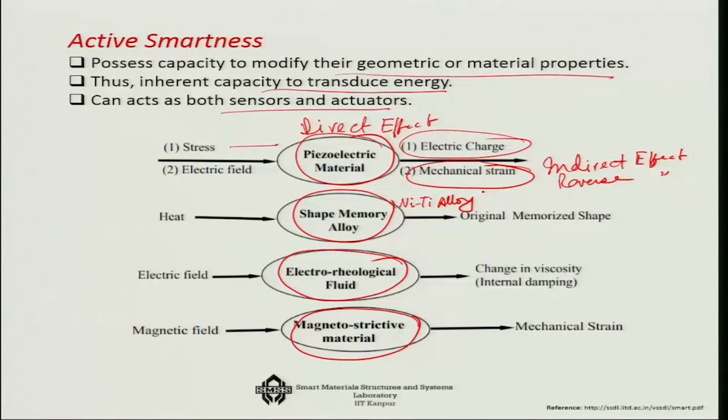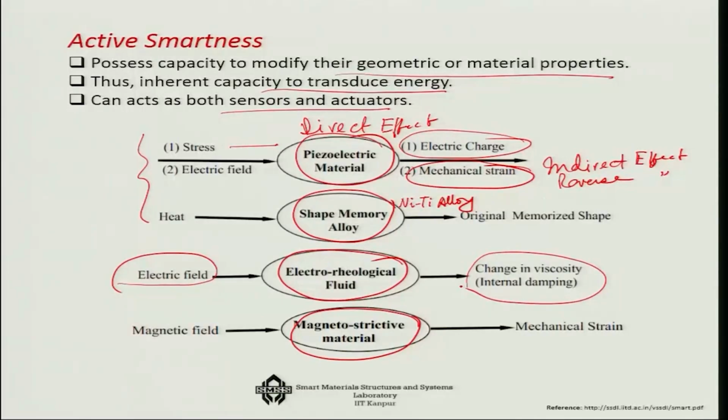Then these two of course respond to the electric field or the thermal field in terms of changing mechanical strain. But there are some materials like electrorheological fluid where if you apply the electric field, you will see a change in viscosity.